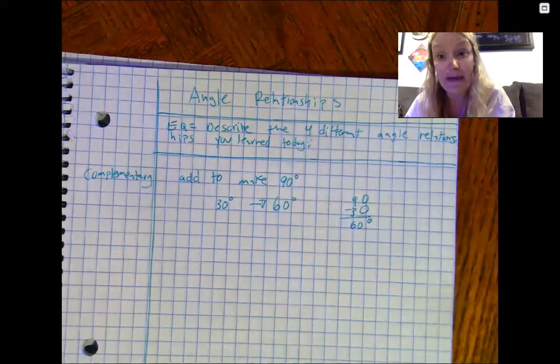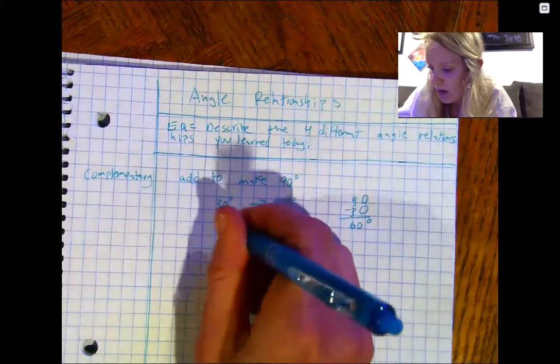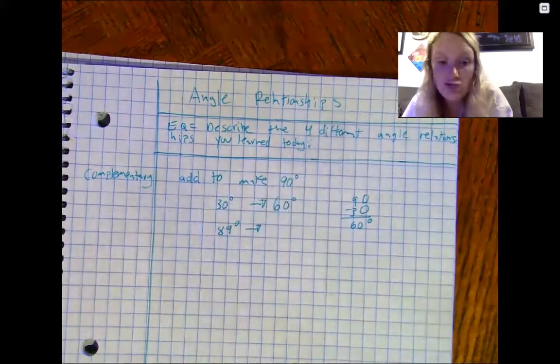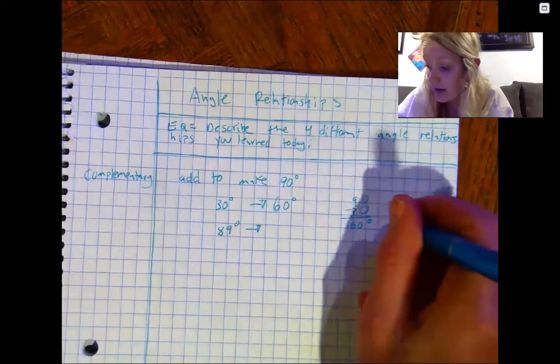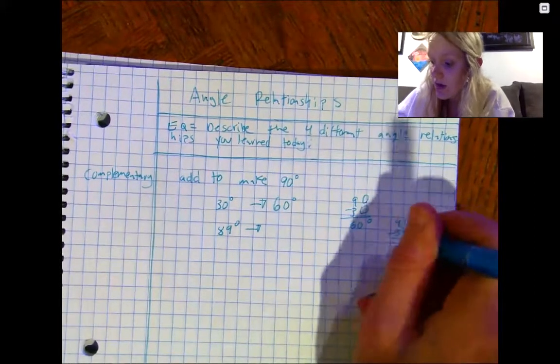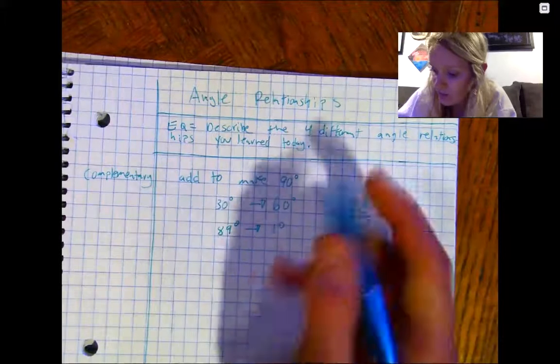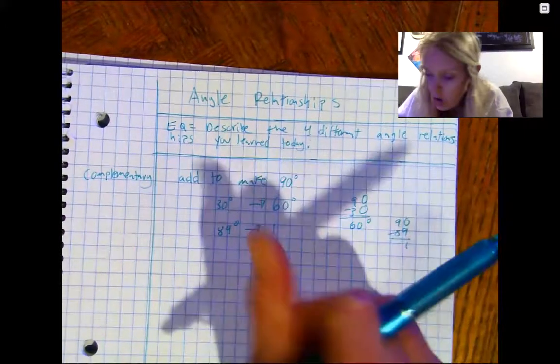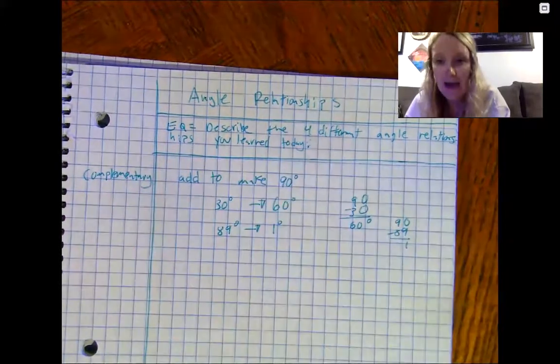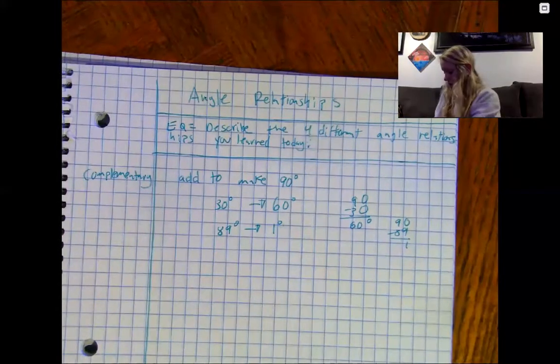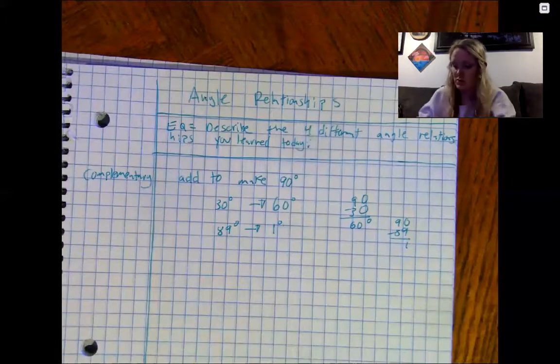If I gave you 89's complementary angle, I would take 90 and subtract 89. I get 1 degree. These are complements of each other. So all complementary angles do is add to make 90. That's it. Now, my math teacher taught me in high school to do this little trick.